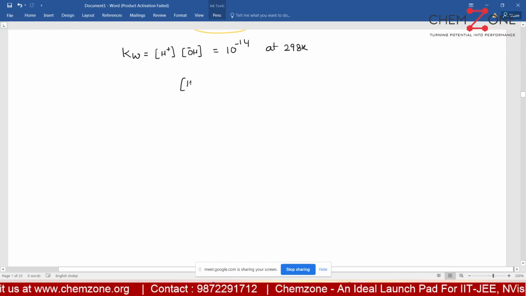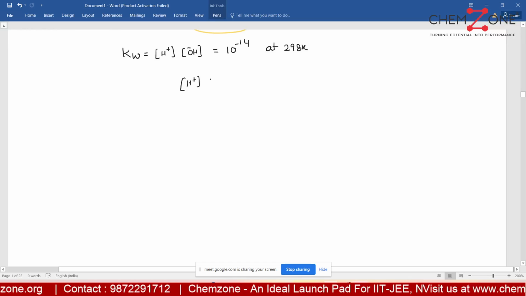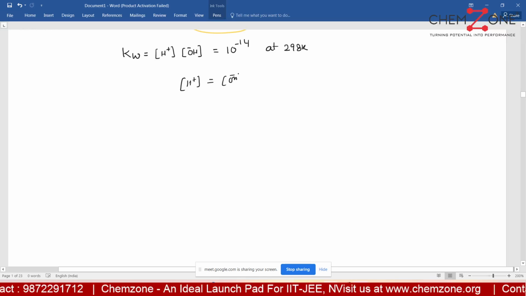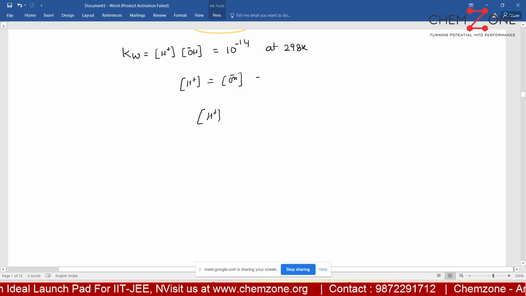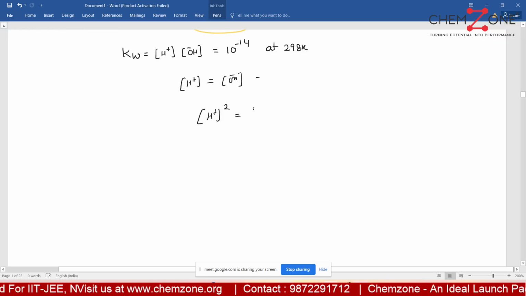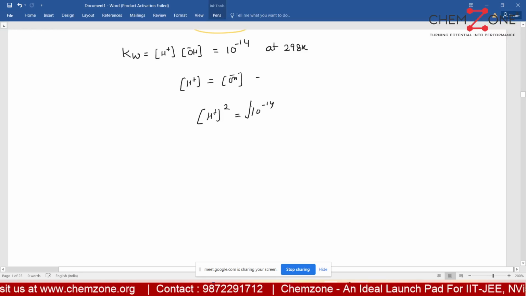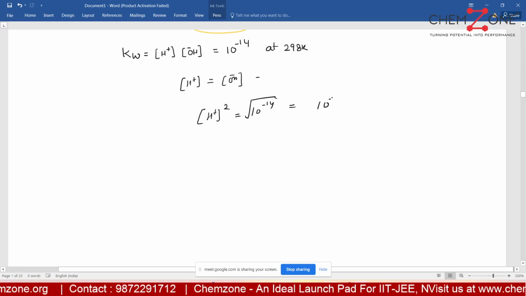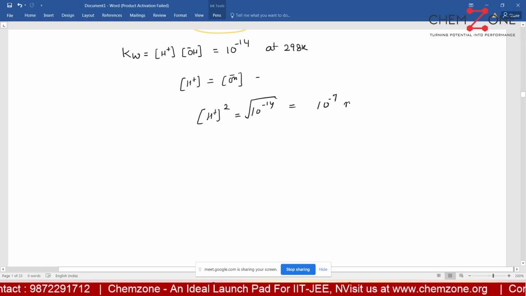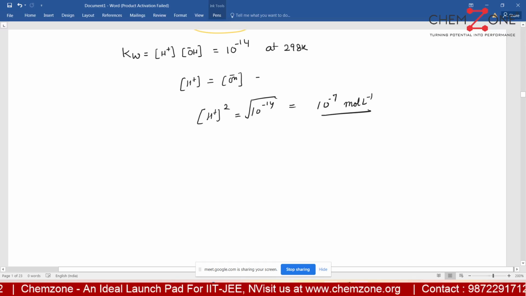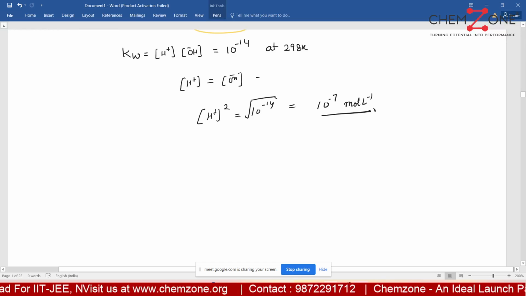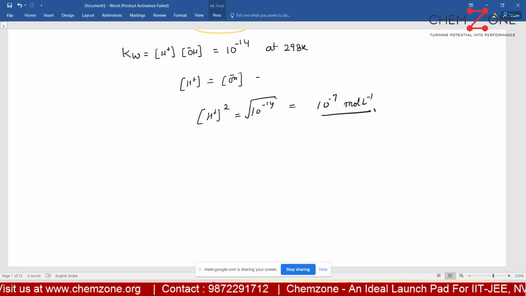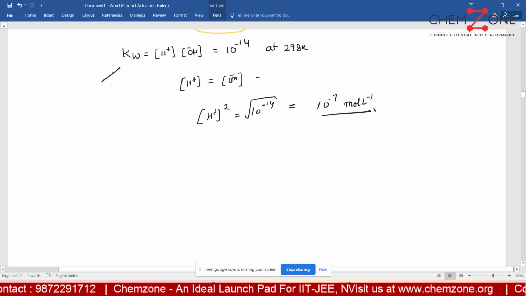So in a neutral solution, hydronium ion is equal to OH ion. In neutral water, both are equal. So the hydronium ion concentration squared is equal to 10 to the power minus 14, so it is 10 to the power minus 7. So what's Kw? It is called the ionic product of water.